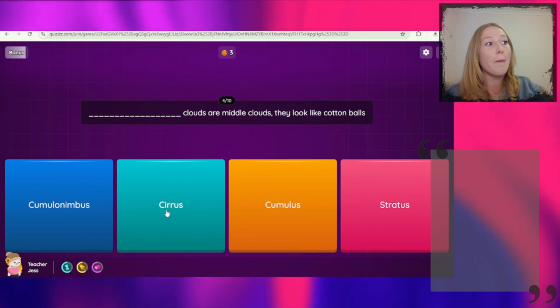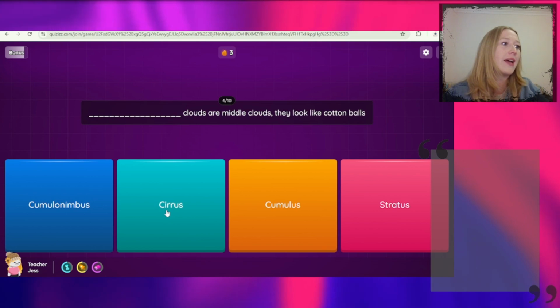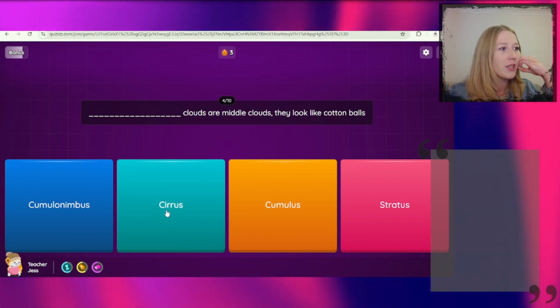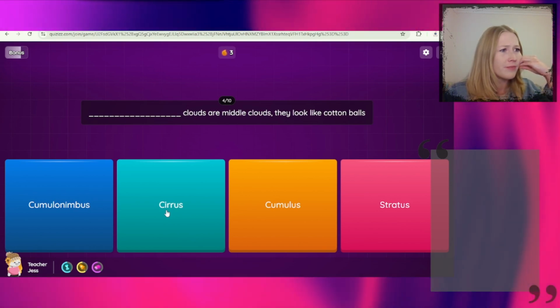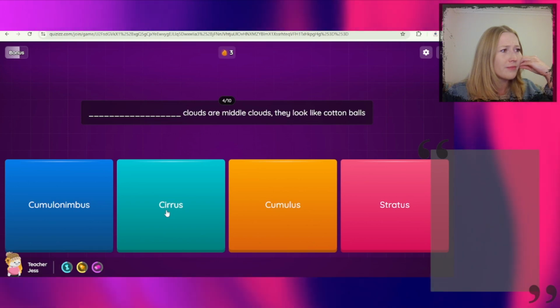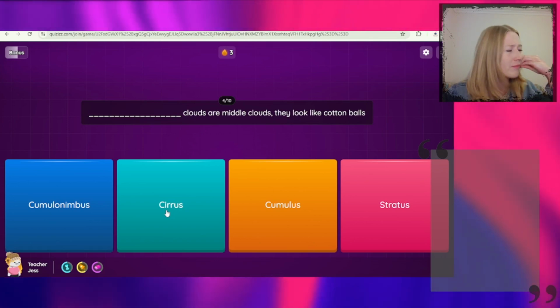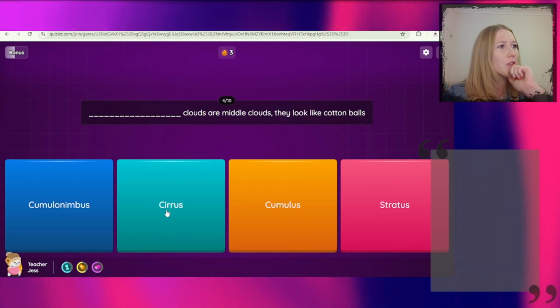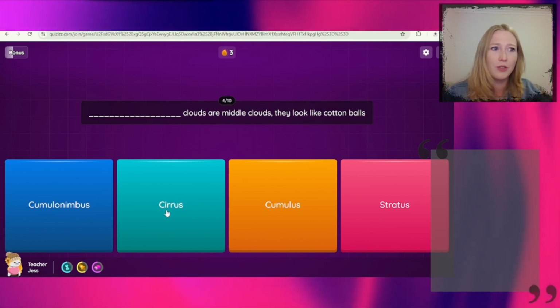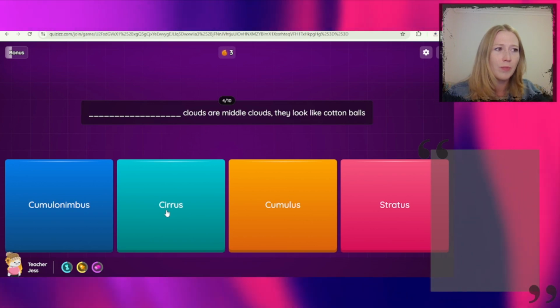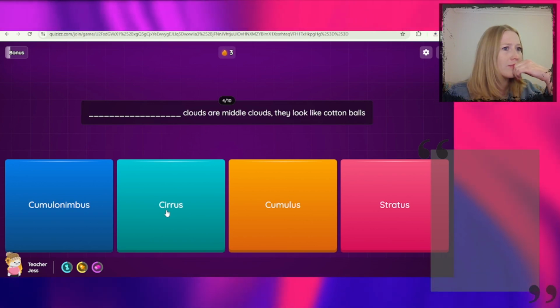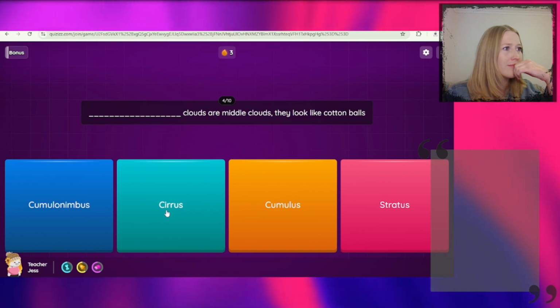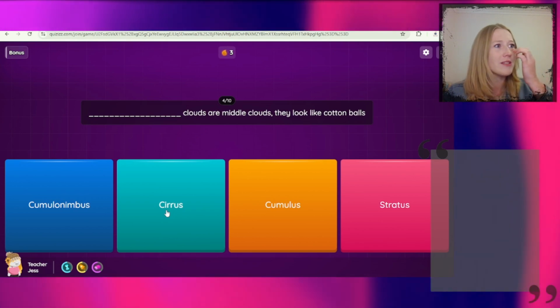Something clouds are middle clouds. They look like cotton balls. I'm actually kind of stuck because I would think middle clouds would be alto. But I don't really see an option like that.